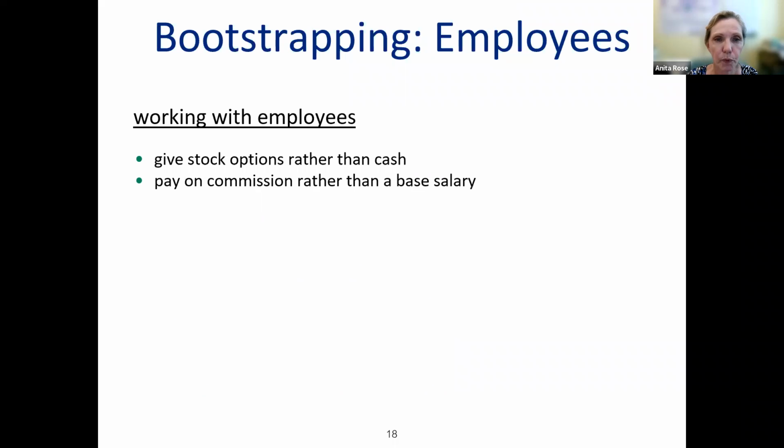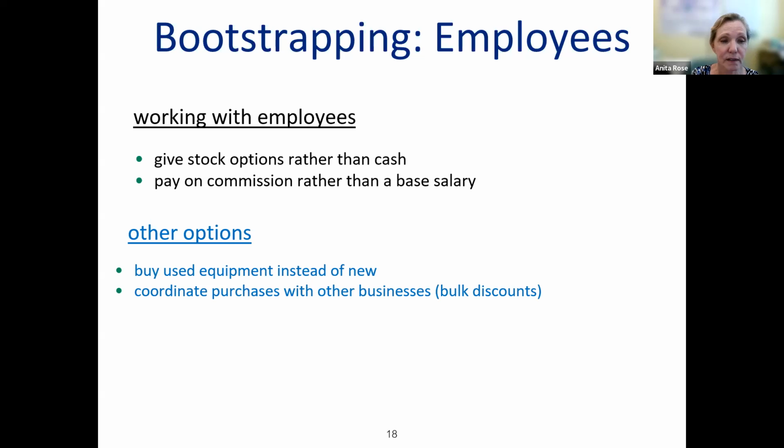Okay, working with employees also, you could have maybe a stock option rather than paying cash. That could be part of someone's work. Sometimes employees are more willing to stay with a company that has stock options. Paying a commission rather than a base salary. Some other options also, buying used equipment instead of new.